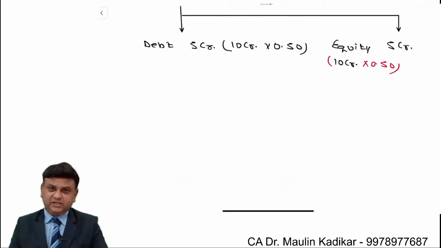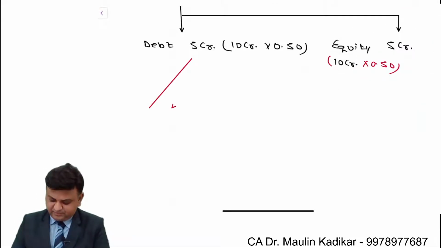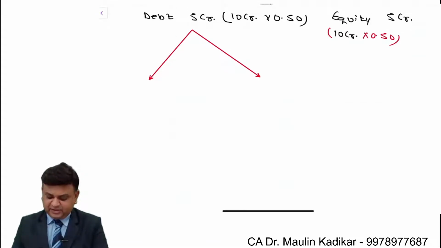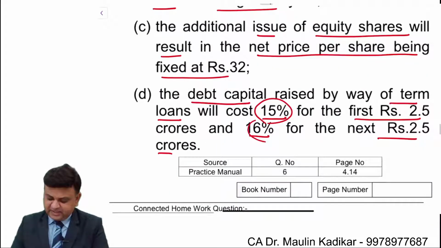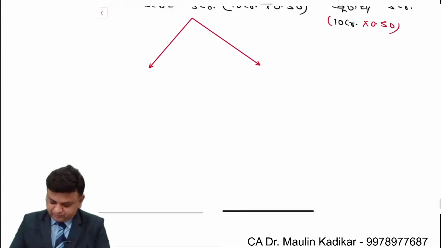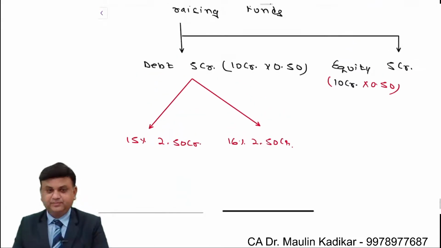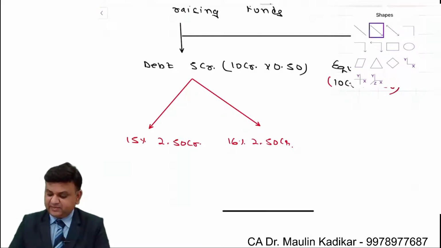In respect of the initial 5 crore, we have been provided with the information like this. For the initial 2.5 crore, the rate of interest is 15%, and for the remaining it is 16%. So 15% is the rate of interest for initial 2.5 crore and 16% is the rate of interest for remaining 2.5 crore. As far as the equity financing is concerned, again there is a bifurcation.